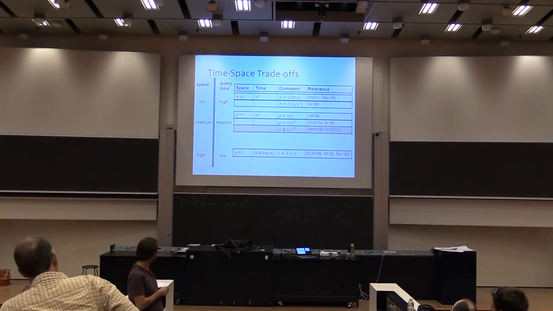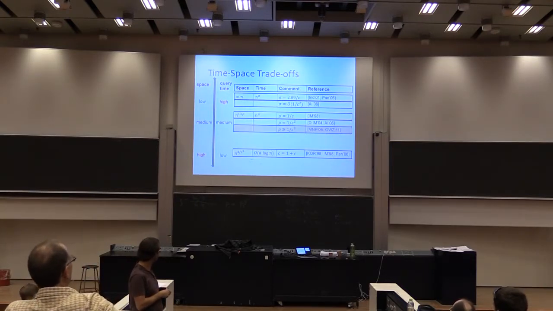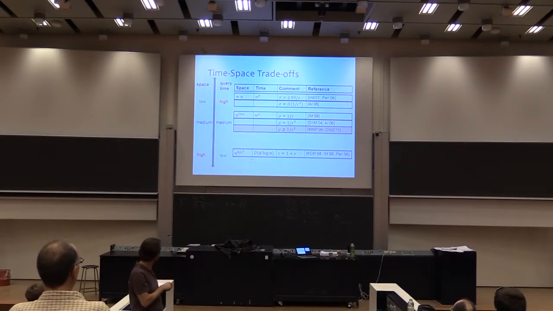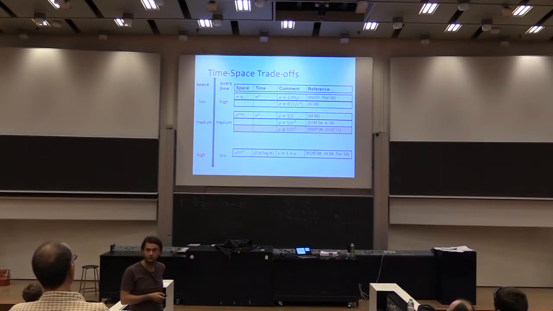And yes, starting with work by Motwani, Naor, and Panigrahy, and later by O'Donnell, Wu, and Zhou, they showed that for locality sensitive hashing, as defined, rho should be at least 1 over C squared for Euclidean space, and at least 1 over C for Hamming space.